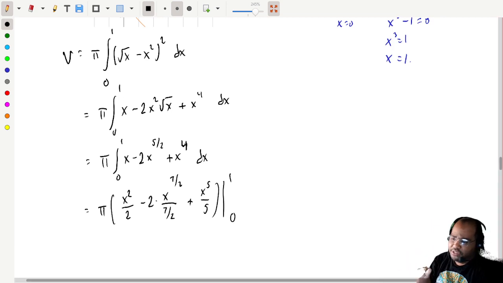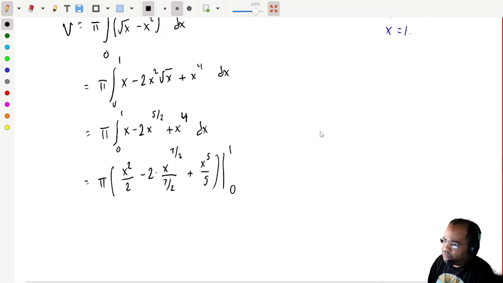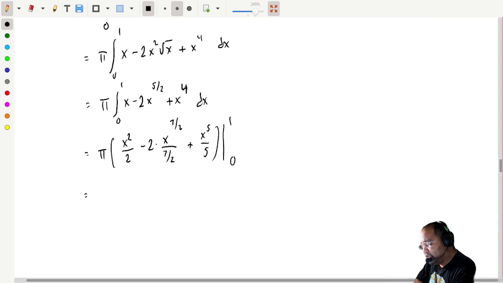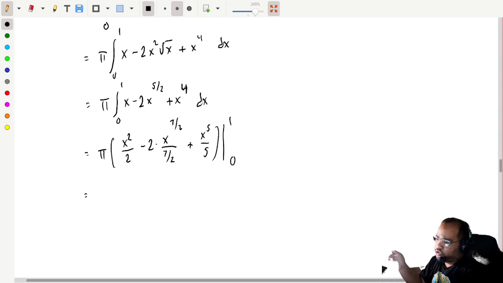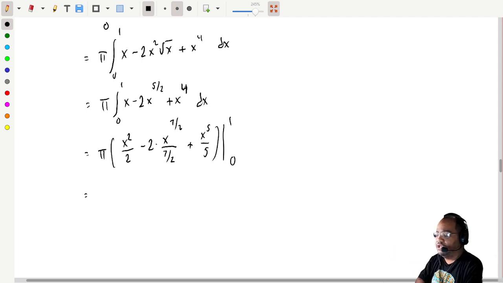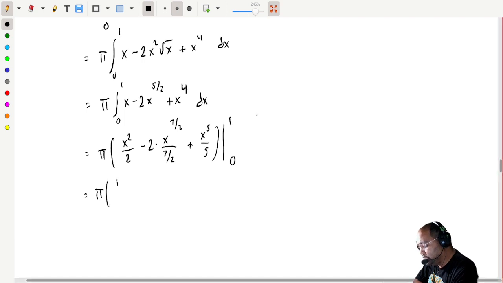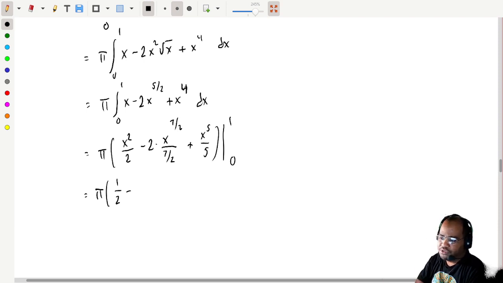And you should be able to see here that when you evaluate this at 0, you get 0. Just lucky for the function that we have. Let's go ahead and clean up this middle one here. And remember that we're just going to be plugging in 1 and plugging in 0 and subtracting. But because evaluating this at 0 gives us 0, I'll just go ahead and write down what we get for evaluating at 1. So we'll have pi times 1/2 minus 2 times 1 over 7 over 2.